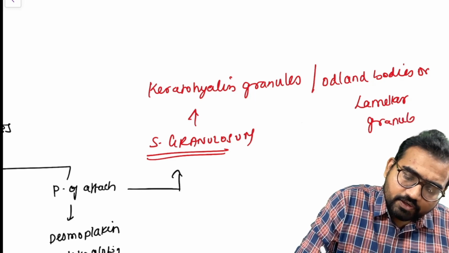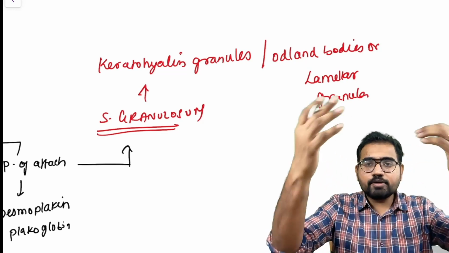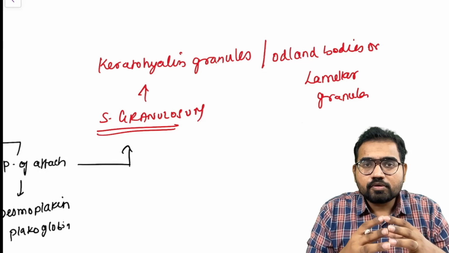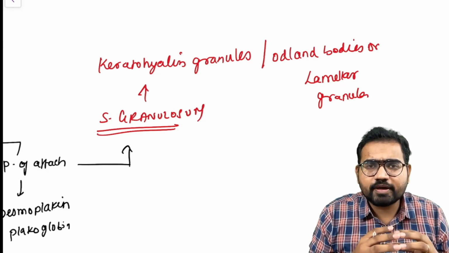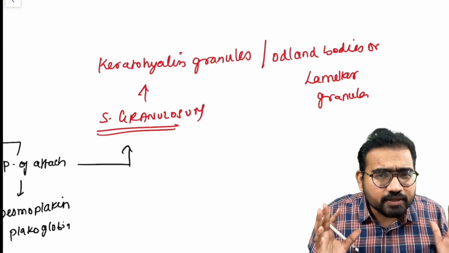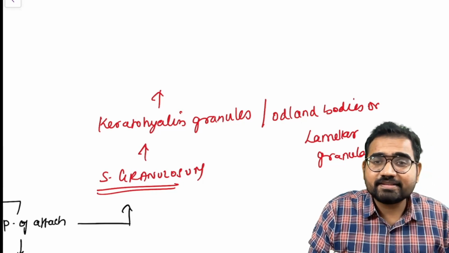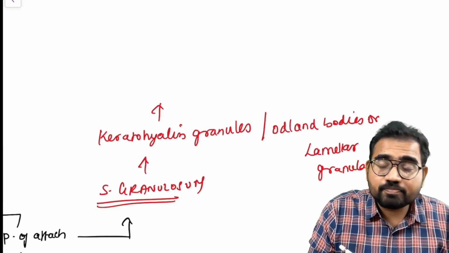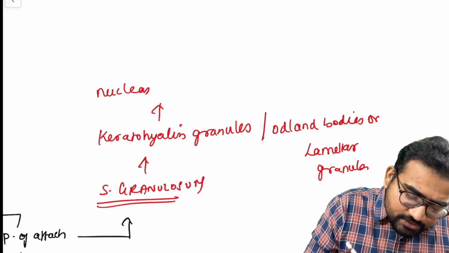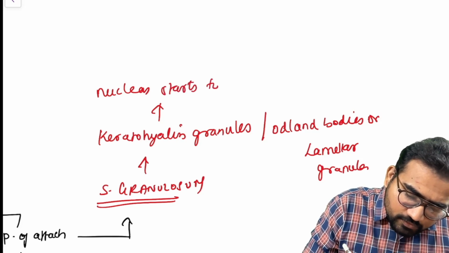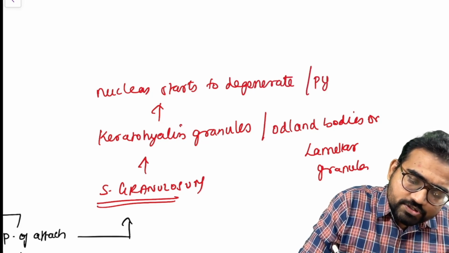As the cell moves upward, there is formation of keratohyaline granules and lamellar granules, and a very important thing is the cells start to degenerate. That is, the nucleus of the cell starts to degenerate, or pycnosis takes place.